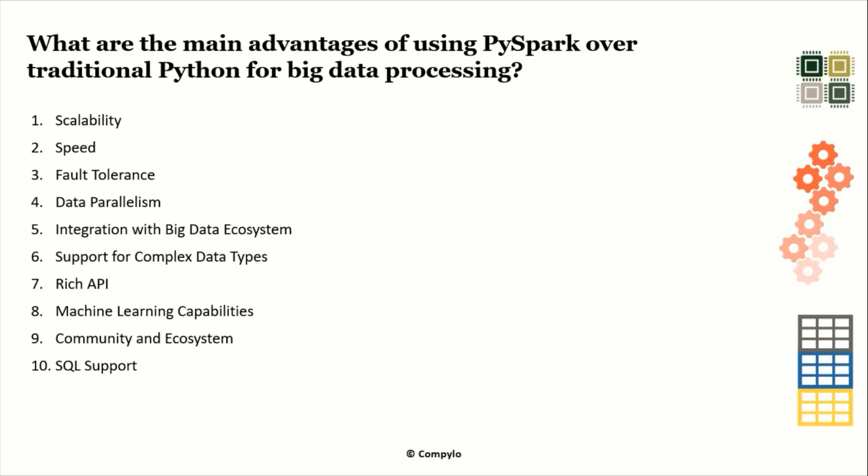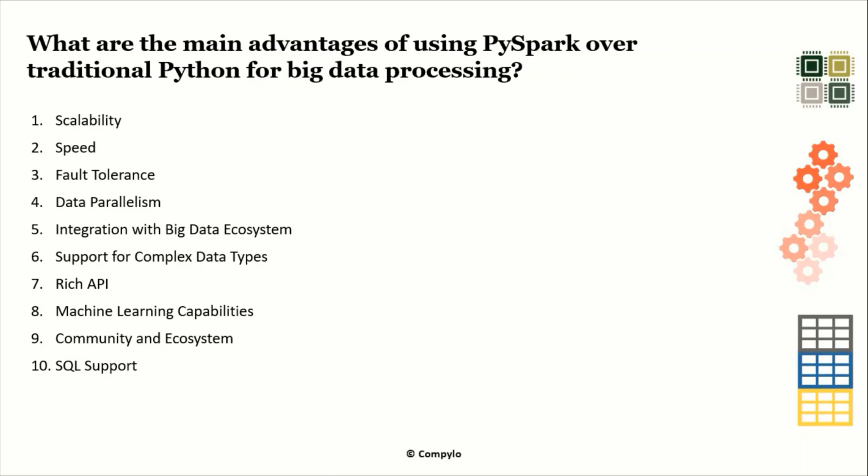PySpark natively supports various data formats, including structured and semi-structured data like JSON, making it easier to work with diverse data sources. Next point is rich API. PySpark offers a rich set of APIs for data manipulation and machine learning, enabling users to perform complex data transformations.